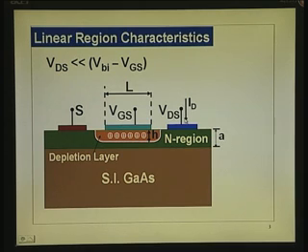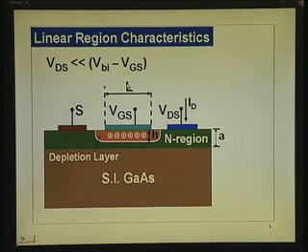The ID is the drain current which will flow through this channel, and notice that depletion layer width is uniform everywhere. It is uniform everywhere, implying the potential drop across the depletion layer is same here, here, here, or at least there is not much difference between the potential drop across the depletion layer at this source end and at the drain end. That means a drop in this direction is negligible. That is what is written here.